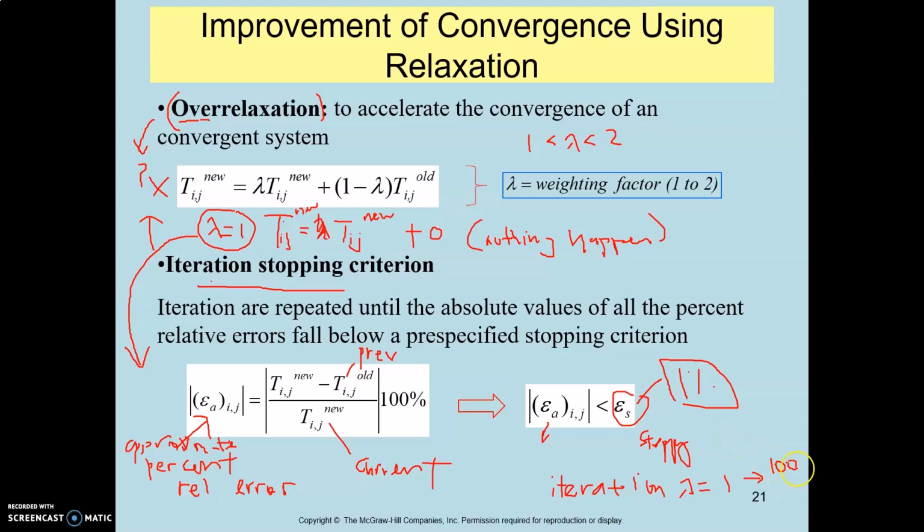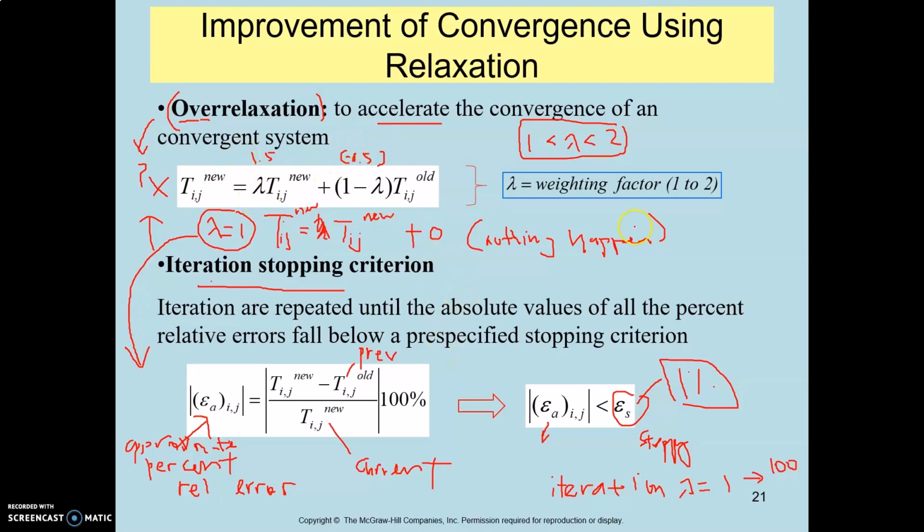If you want to speed up or accelerate the iteration, what can you do? You change lambda to between 1 and 2. For example, you choose it to be 1.5. With lambda here 1.5, you get negative 0.5 for the other term.